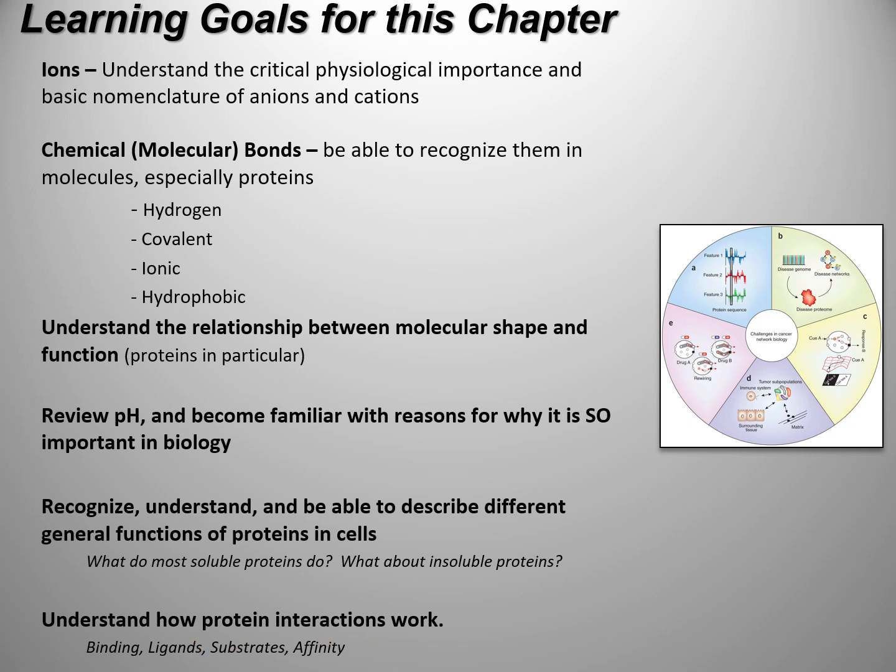And understanding protein interactions. We're not going to go too deep into this. We're not going to get into the complex mathematics, but we are going to try to understand affinity. We are going to define these things over time, especially in chapter 4. Why? Because interactions between proteins and each other and proteins and non-protein molecules are dynamic.